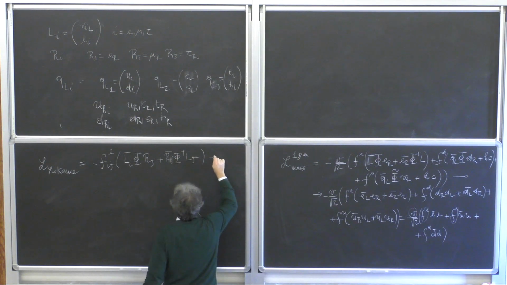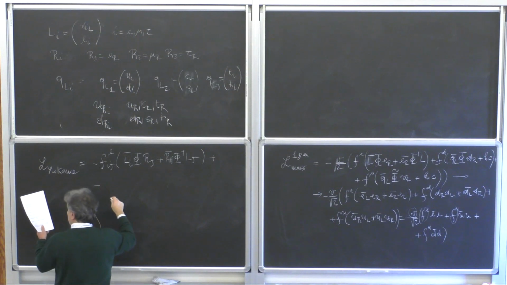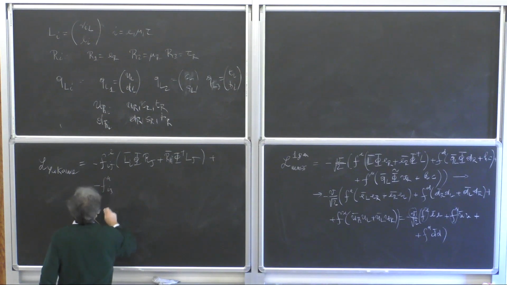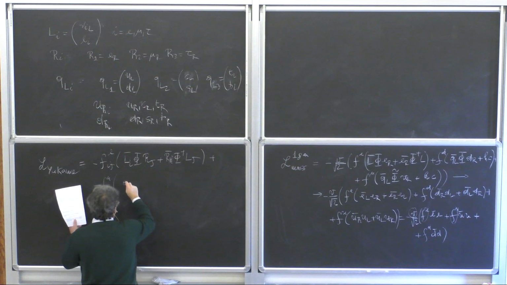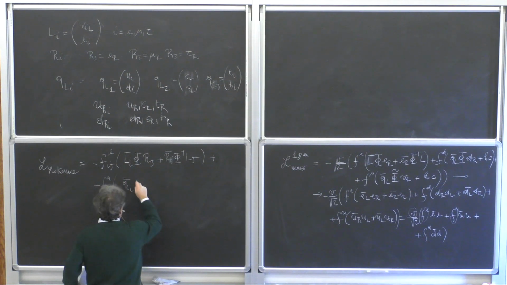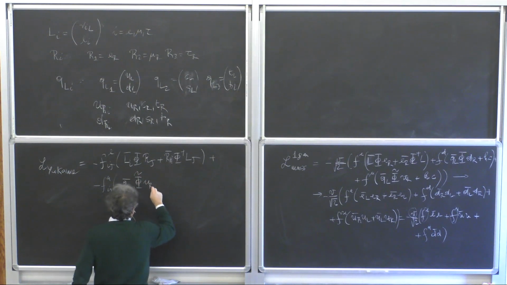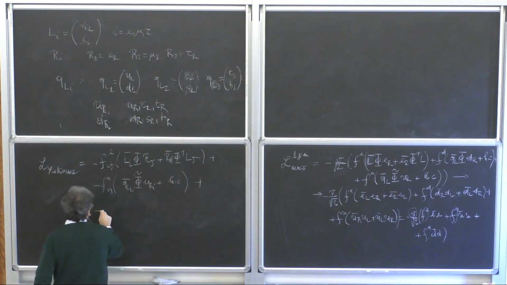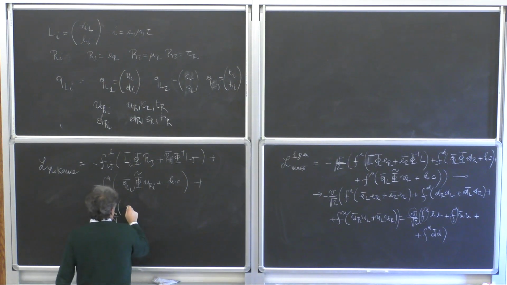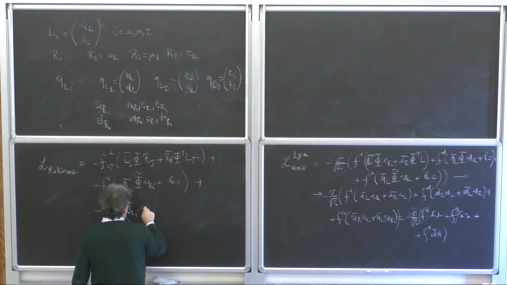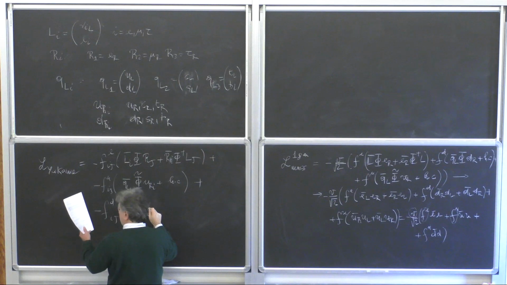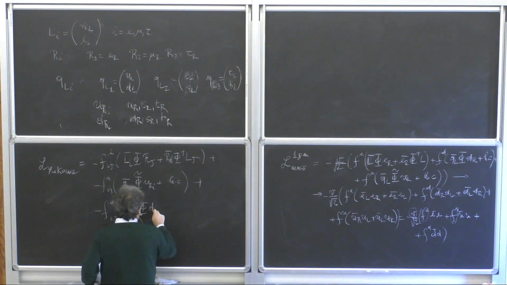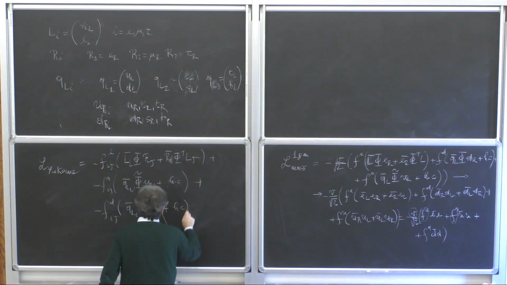plus, let's call this f^u_ij. So we have here the tilde, so Q_Li bar phi tilde u_Rj plus Hermitian conjugate plus f^d_ij Q_Li bar phi, and here we have d_Rj plus Hermitian conjugate.